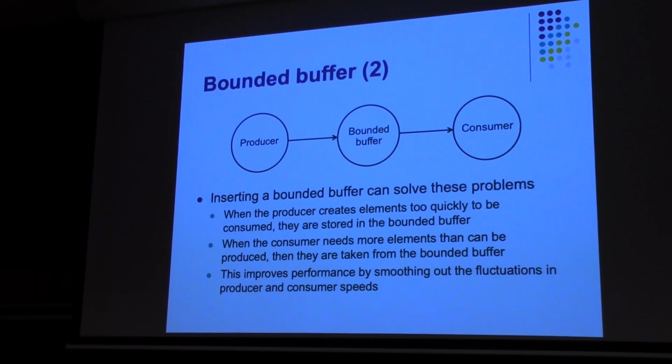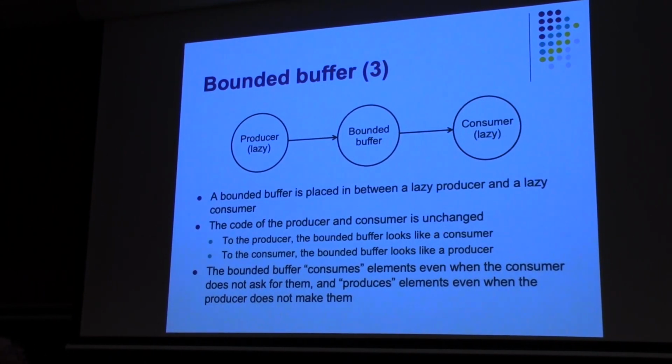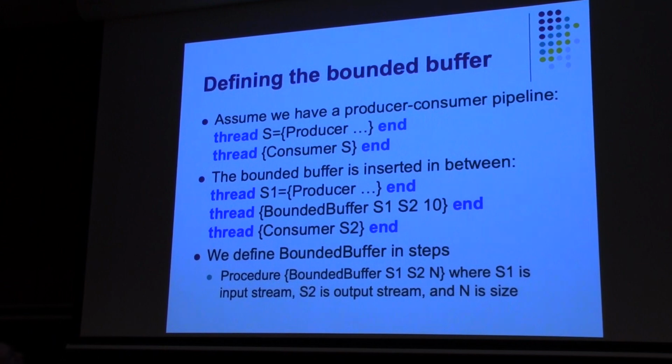So that's nice, huh? It's very modular. I have a system. It's doing badly. I stick in a new thing without changing any of the code, and it does better. That's good, huh? So the bounded buffer is a nice thing, and it's used a lot. And it can be written in lazy deterministic data flow.